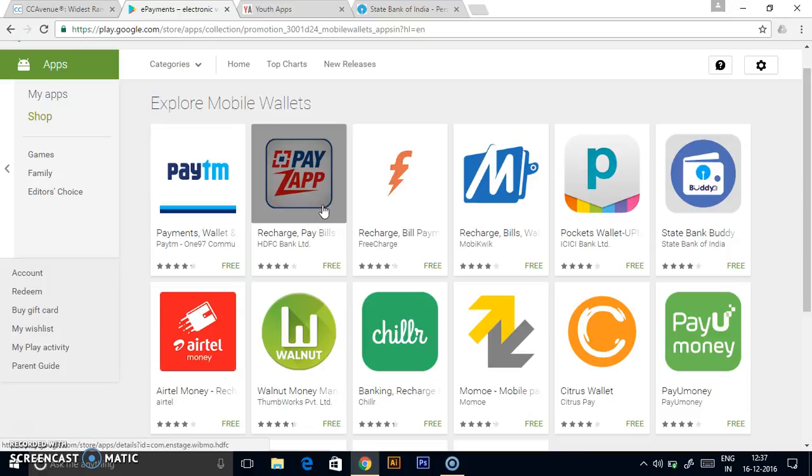If you are using an iPhone, go to your store and download the particular app that you are comfortable with. And see if you can educate your tea shop wala, or the small hotel guy, on how to use it. All of them work on QR codes and phone numbers, very simple instruments which are not very complex.